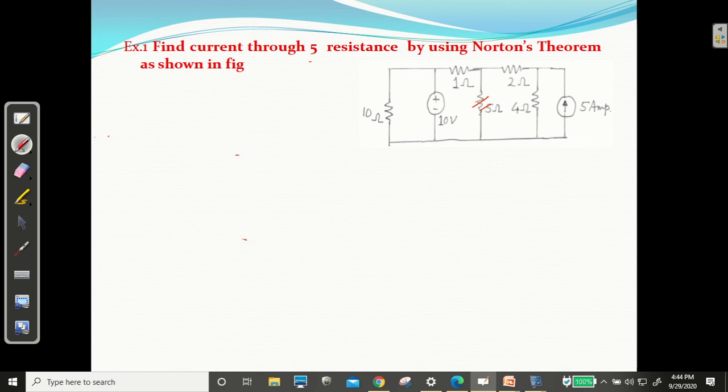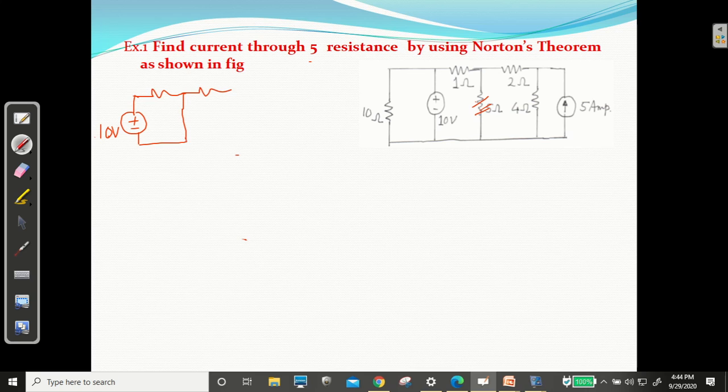Remove this by shorting it, right? If you short it, and I told you earlier, the voltage source of 10 volt is in parallel, so if you want, you can remove it because it is redundant. So this is the 10 volt source. This is 1 ohm. Short.